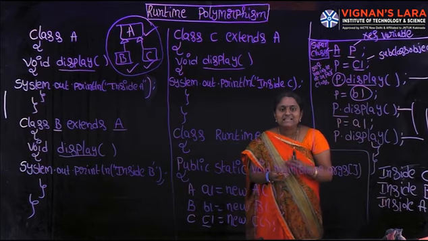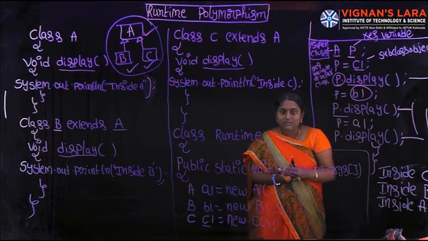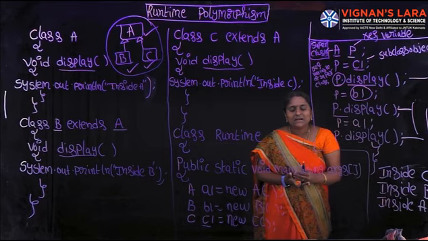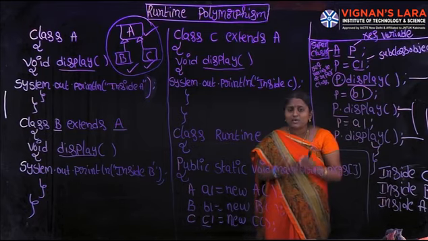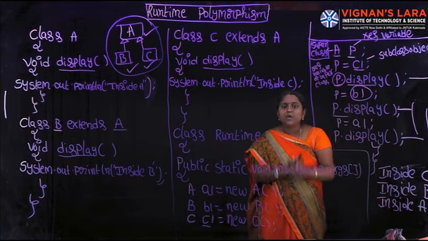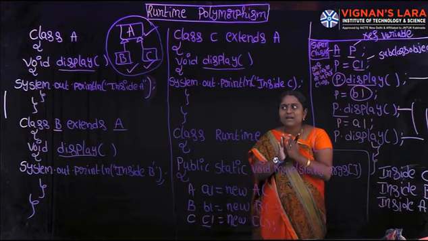So in this runtime polymorphism concept, we can create a reference type of the superclass. Our subclass object is assigned to the reference variable of the superclass. But we can always call overriding methods through the reference variable of the superclass. Here what is our method? Display method. The display method is available in both superclass and subclass.